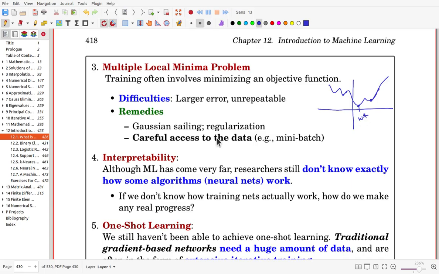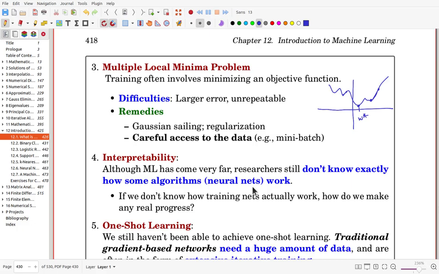Now, the fourth one is interpretability. Although machine learning has come very far, researchers don't know exactly how some algorithms work. For example, like neural networks, we don't understand how they work.